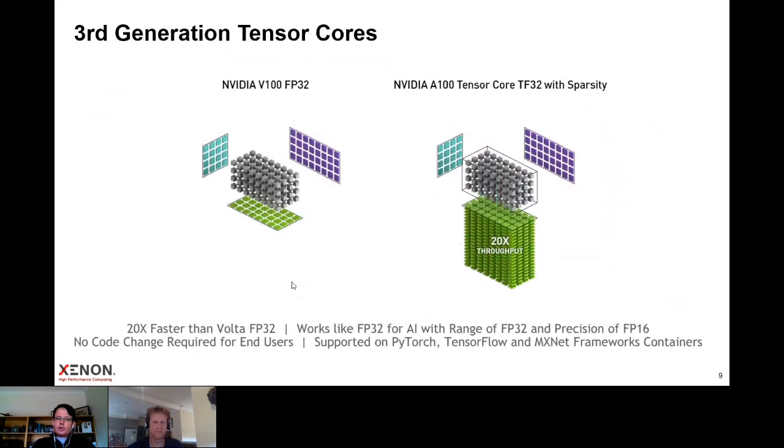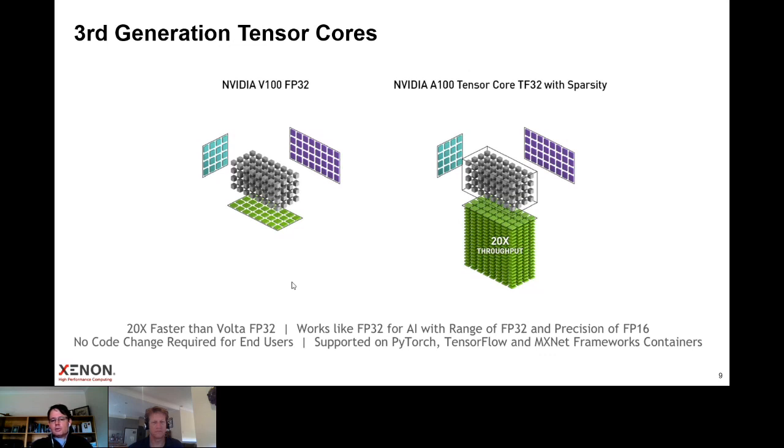What's really revolutionary was the introduction of Tensor cores with the Volta generation GPUs. And now NVIDIA has further improved that by especially optimizing the floating point calculations for FP32, which are now 20 times faster than for Volta. And the best thing about it is that there are no code changes required by the end users.